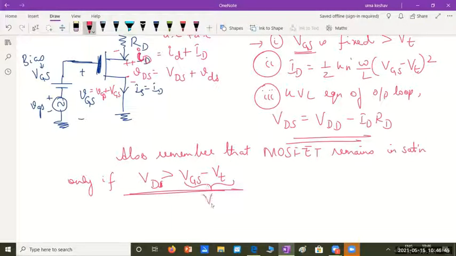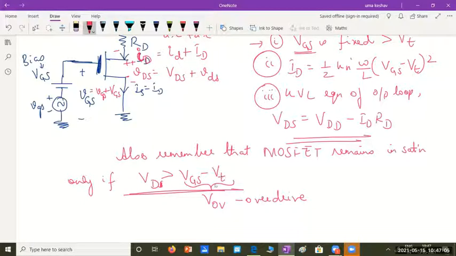VGS minus VT was normally called VOV, the overdrive voltage. Please remember, why overdrive? The drive voltage is VGS, by how much that VGS exceeds the minimum required voltage.